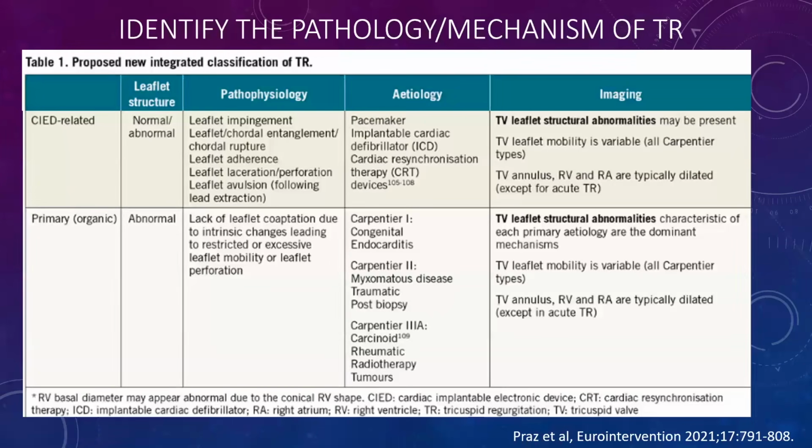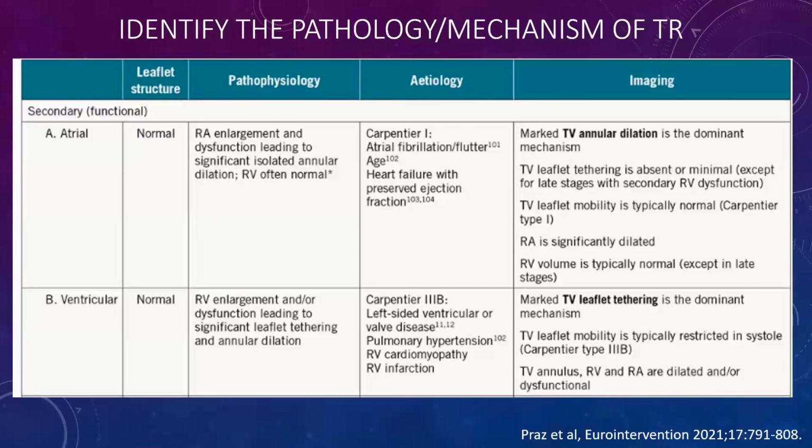Primary tricuspid regurgitation includes things like myxomatous disease, like the prolapse patient that we saw, carcinoid, and rheumatic disease. Post-pacemaker lead removal related tricuspid regurgitation would also belong to that category. Under the functional or secondary tricuspid regurgitation, it's important to try to identify whether patients have atrial or ventricular functional.